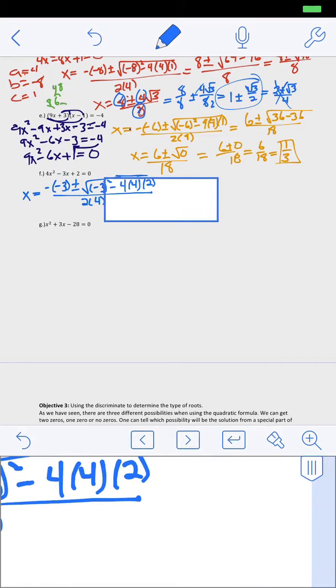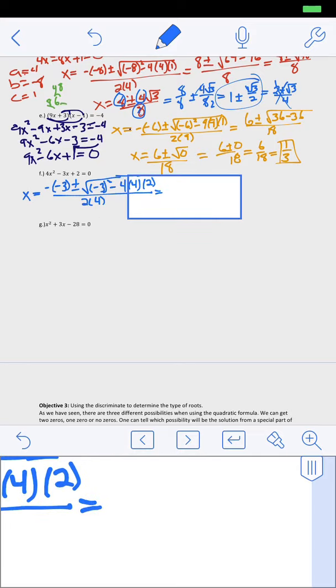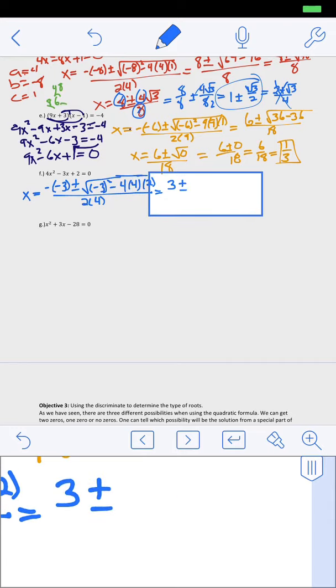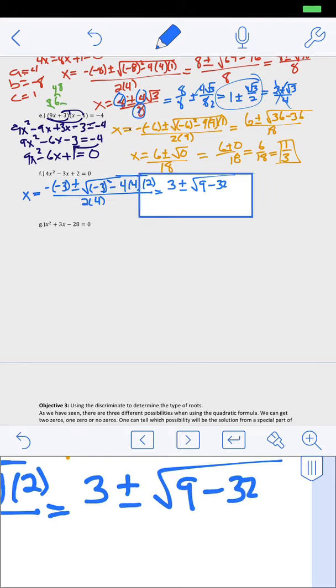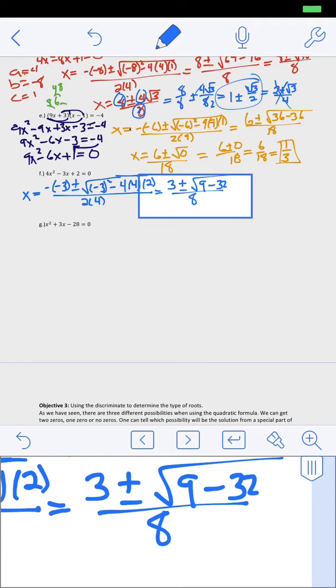Yep. Simplify, we get -3 becomes a +3, plus or minus the square root of -3 squared is 9, minus, let's see, 4 times 4 is 16, times 2 is 32, all over 8.